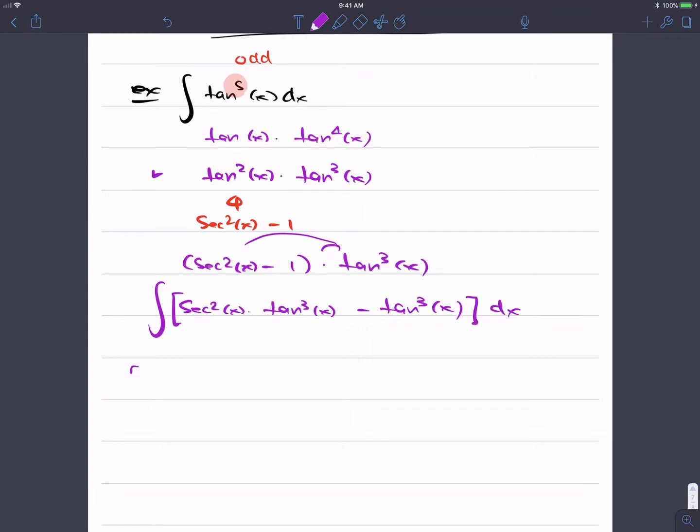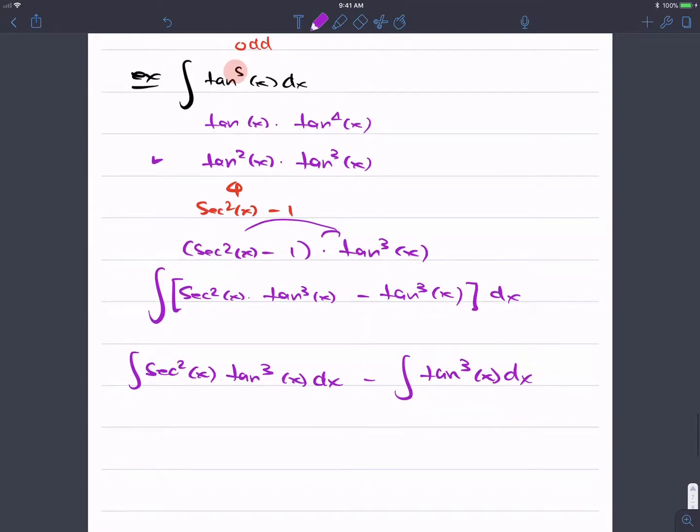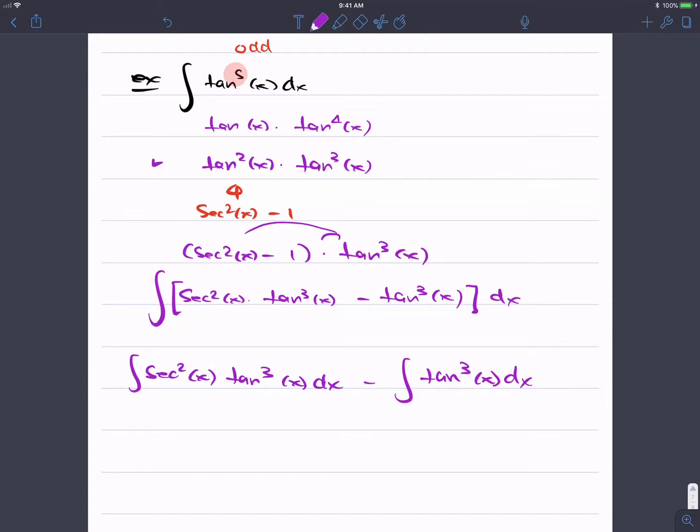By properties of integrals, the integral of a difference is the difference of the integrals. Let's subtract the integral of tangent cubed dx. Here's my point. The reason I approached it this way is because we again have this interesting scenario.